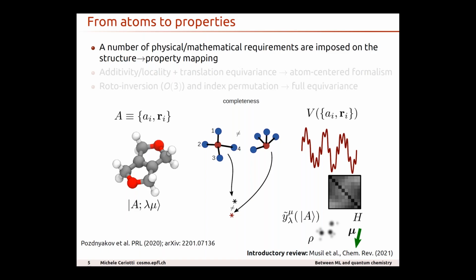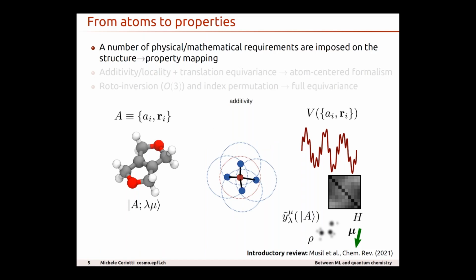Together with this requirement of completeness, another common requirement is that of having a description of your system, a model that is additive in nature, essentially meaning that the properties of your compound are built as a sum of contributions that are associated with atom-centered environments. And this is important because this is the mathematical structure that allows you to build predictions of complicated systems using simple enough building blocks so that you can learn them using high-end quantum chemistry methods.